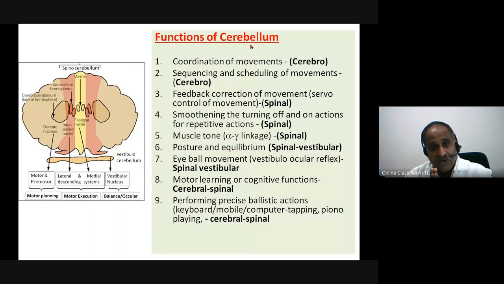So, the functions of the cerebellum, I repeat: coordination, sequencing and scheduling, feedback correction, smoothing, turning the repetitive actions off and on, maintenance of muscle tone, maintenance of posture and equilibrium, eyeball movement, the cognitive part of motor learning, that is the ability to make the motor act precise and easy, and ballistic actions.